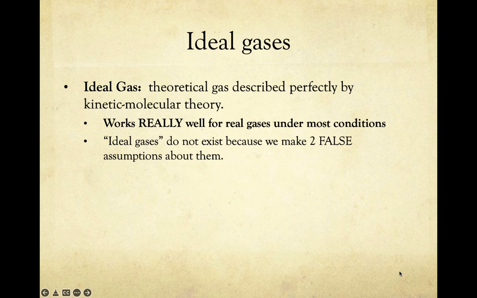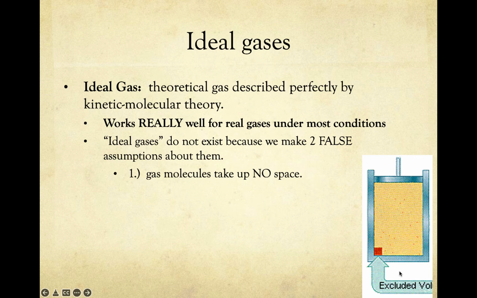So ideal gases don't exist because in order to model an ideal gas, we make two knowingly false assumptions about them. The first assumption is that gas molecules take up no space. In other words, the space between gas molecules, represented by these little red dots here, is so much greater than the volume of the actual particle itself that we can assume that the volume of the actual particles is negligible.